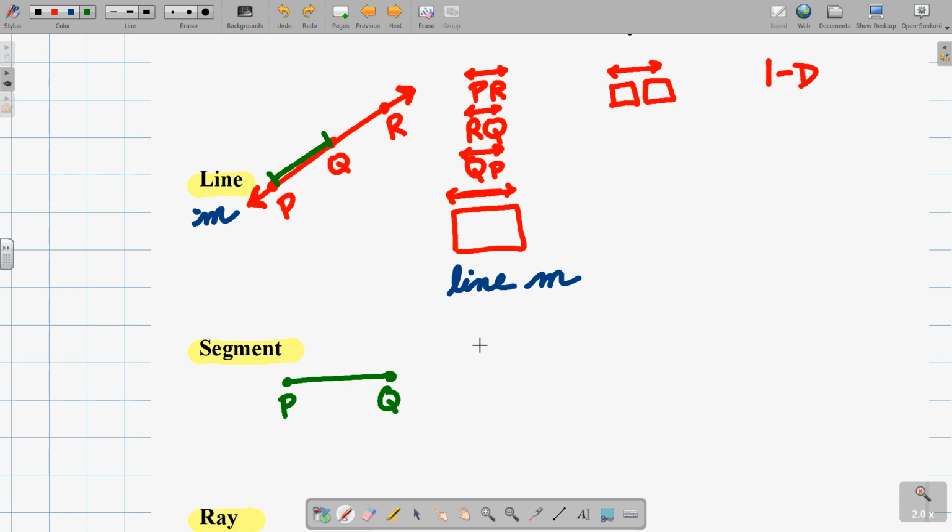I'm going to call this PQ. Notice no arrows. If no arrows, that means it's a segment, a piece of a line, or QP would be fine either way. But you use 2 points with the segment symbol above it. And segments are also 1 dimension. Length only.